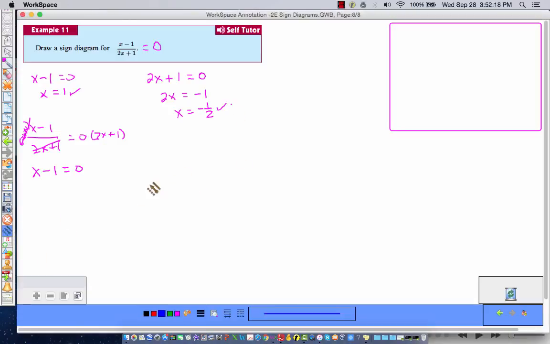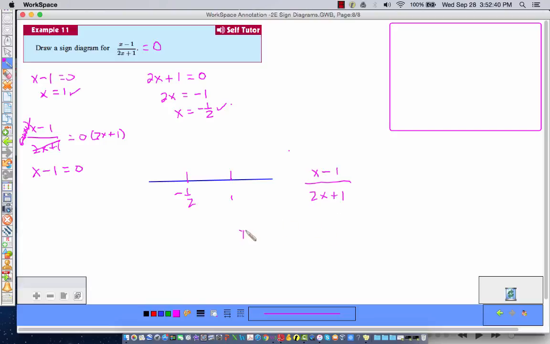So let's draw our nifty sign diagram, see how this is going to work out. I've got 1 right here, and I've got negative 1/2. And I'm going to think about (x minus 1) over (2x plus 1) for my test points.